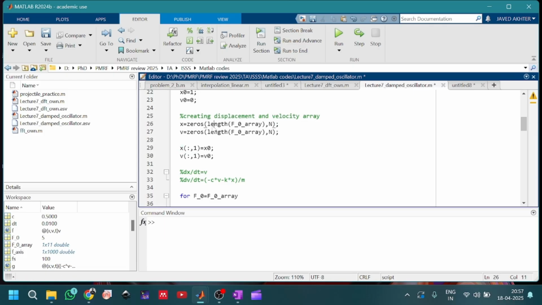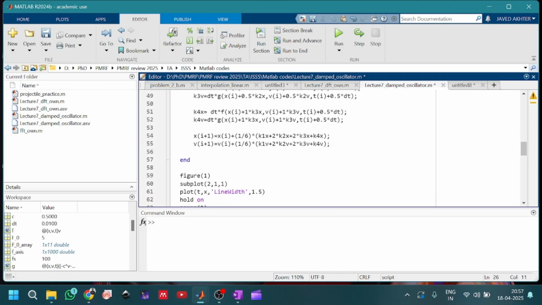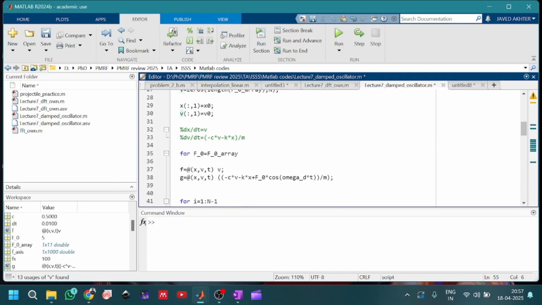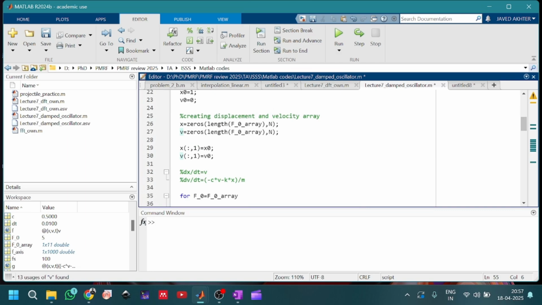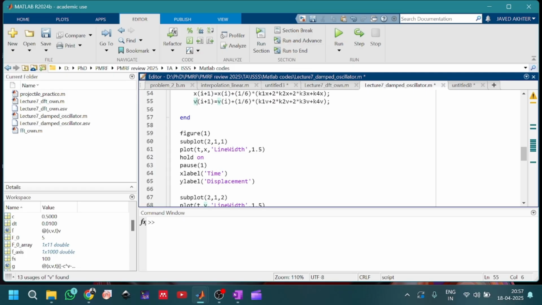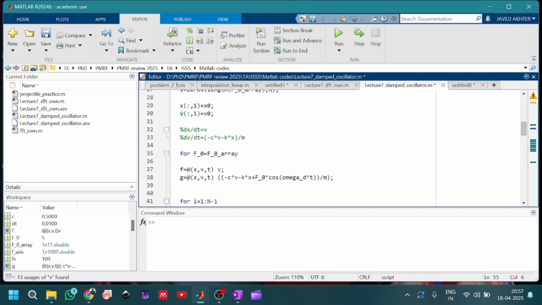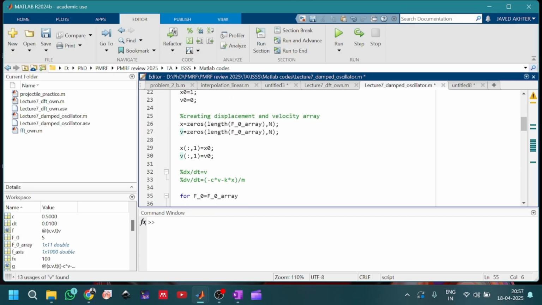For example, along x zeros 1 n, you will store the x and b after the first loop. Then in the second loop, along the second row, you will store the displacement and position value. In that way you can store all of them, and if you want to further analyze it, you can. So let me just return to the previous case, what it was.